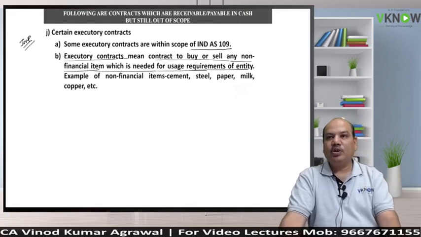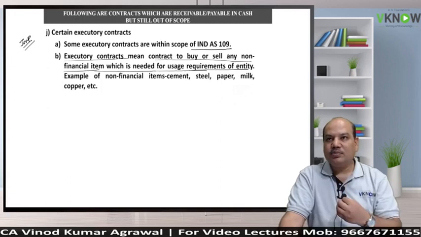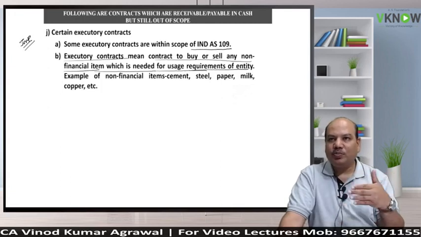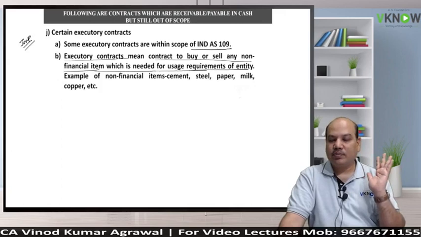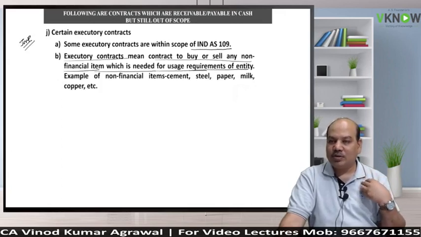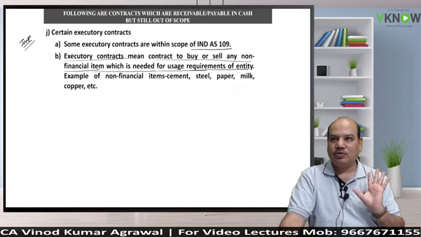Why have I placed an order to buy wheat after 3 months? I need wheat, I have a business of making bread. So I have entered into a contract to buy wheat after 3 months because I wanted to ensure timely delivery and the price also. But what is my main objective? To use it in the business.